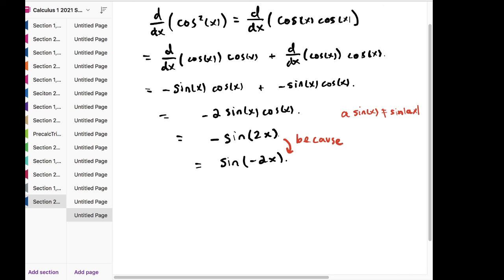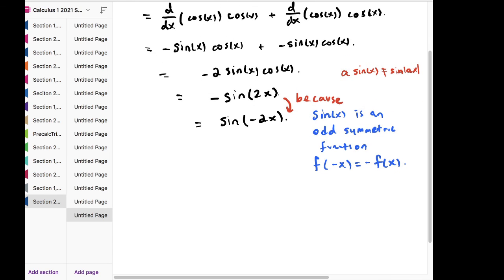It's a symmetry law, right? Sine is an odd function. Do you remember what odd means? When you plug in a negative, you get the negative of the positive. A way to see that is by the unit circle.